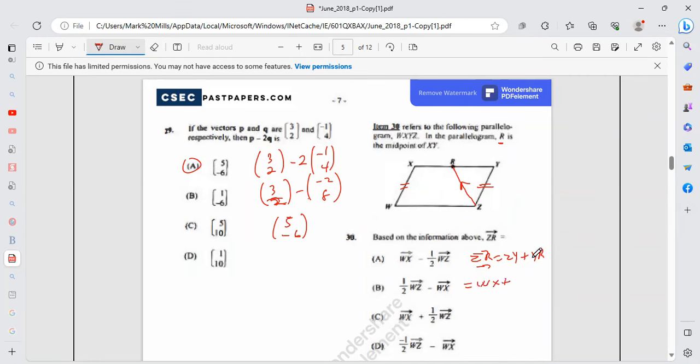WX plus YR will be the same thing as half of ZY.